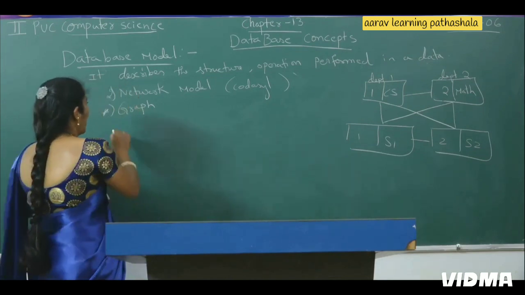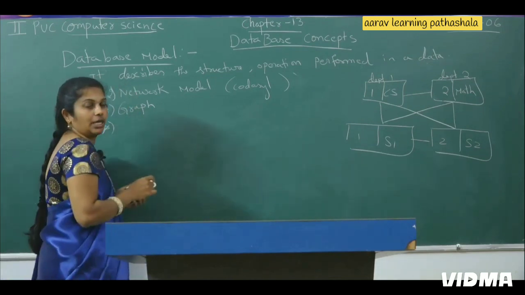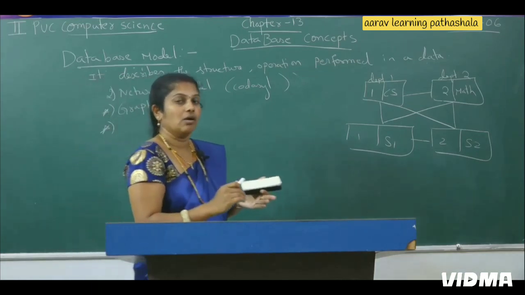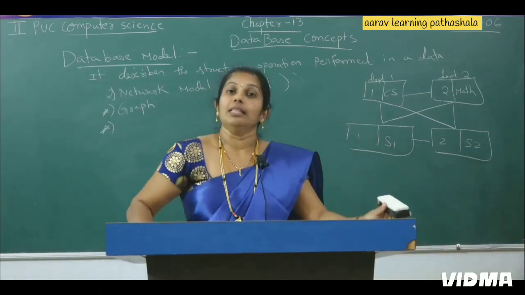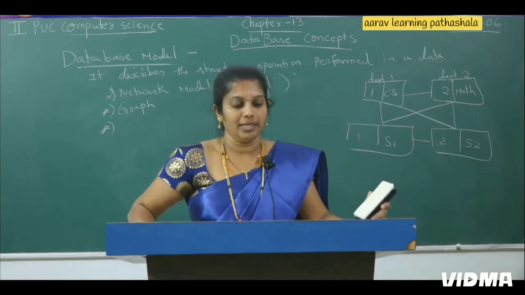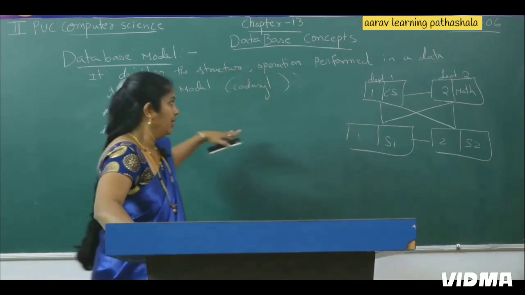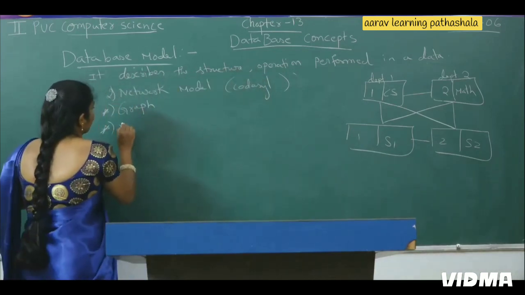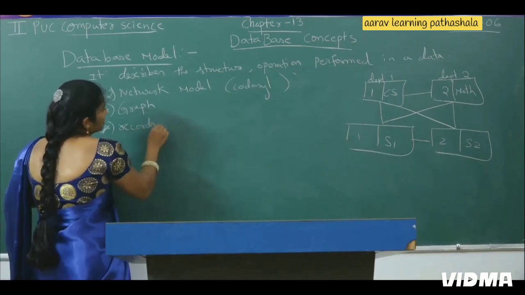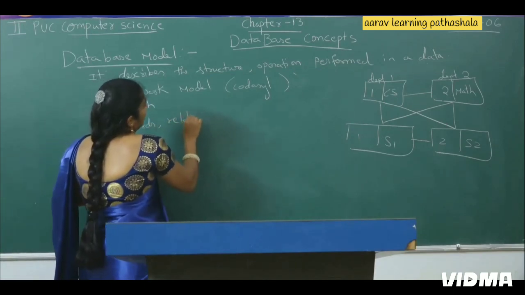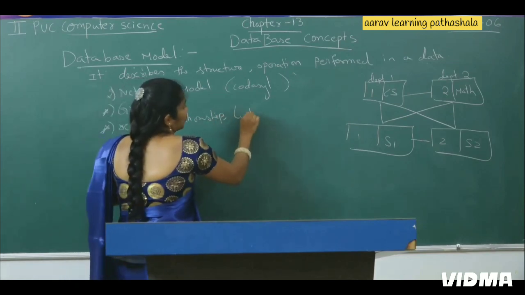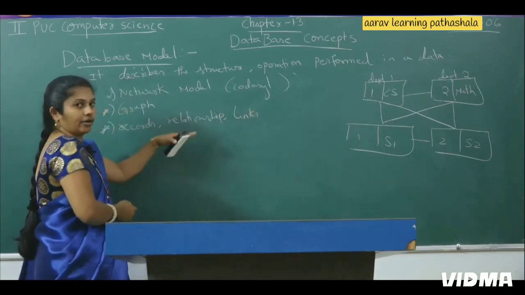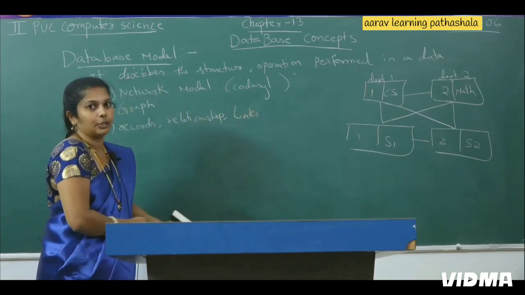In this, we have records. All the records are arranged. With that, we have the links in between. A relationship is there. Here we have records, relationships, as well as links. All the records, all the data are connected to each other.